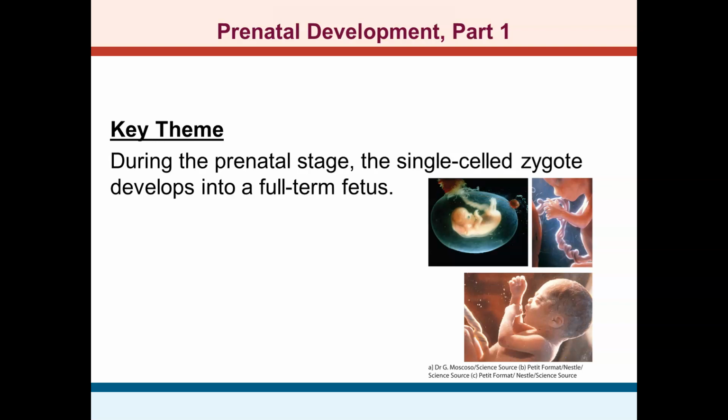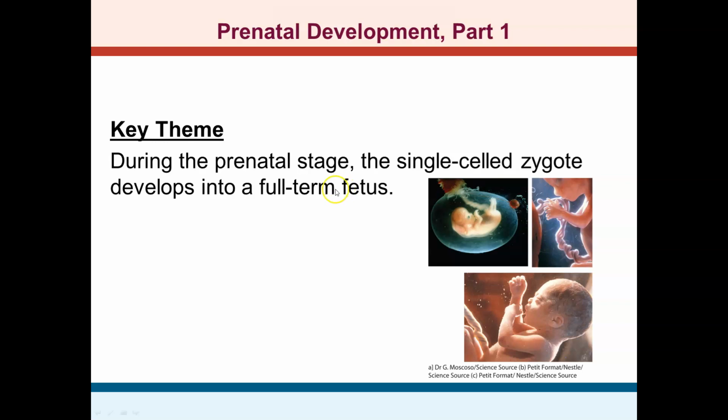Prenatal obviously means when one individual starts to develop from what's known as a single-celled zygote and starts to develop into a fetus. That phase is what's known as prenatal development.